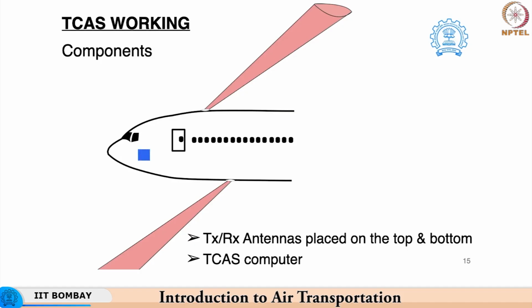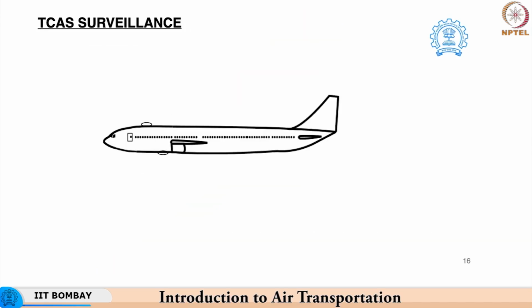Then it also makes use of a dedicated TCAS computer that carries out the underlying calculations, so that the required decisions can be obtained from the system, and hence proper flight operations can be carried out that are required to meet the safety requirements.